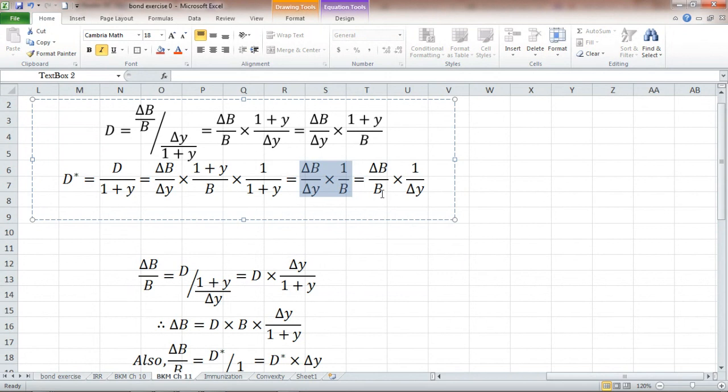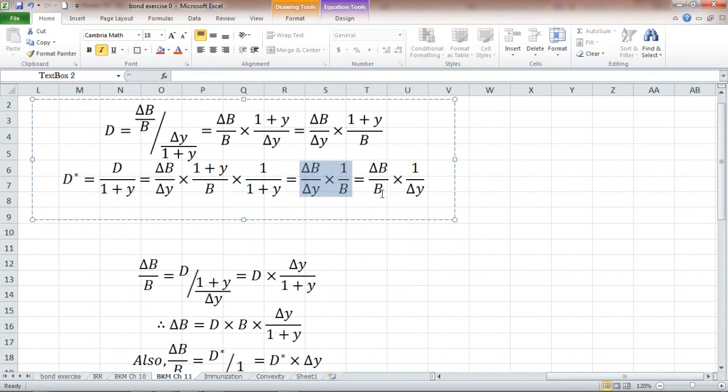So with modified duration, we can find it simply when we know the percentage change in bond price. But another thing is, percentage change in bond price is something we will know ex post.